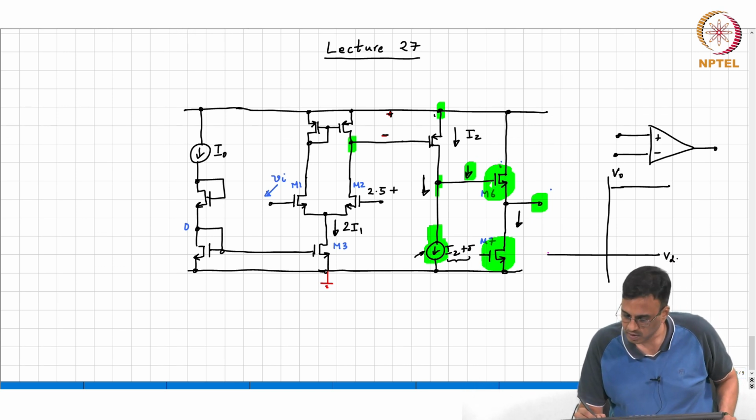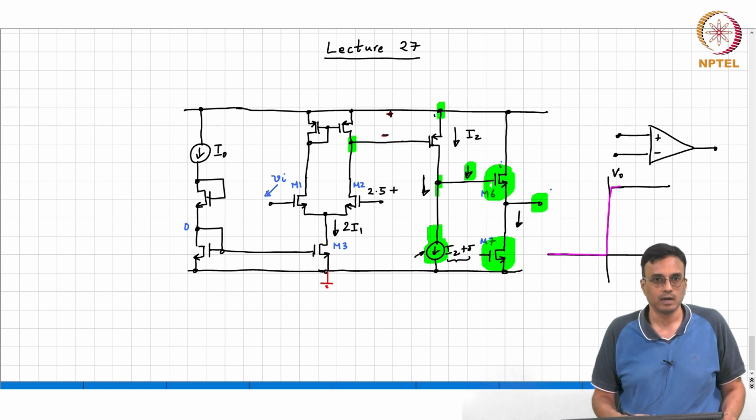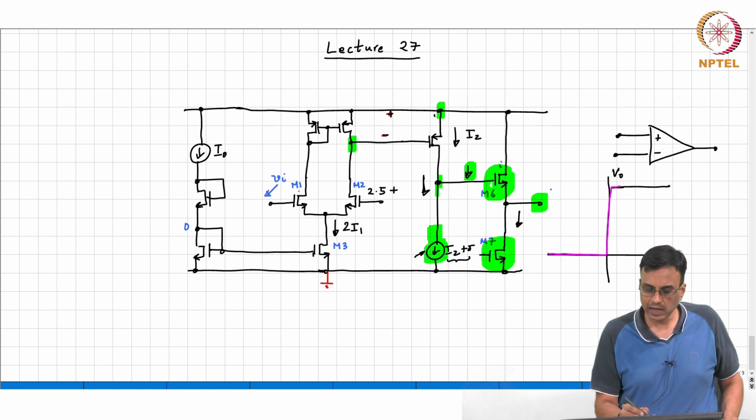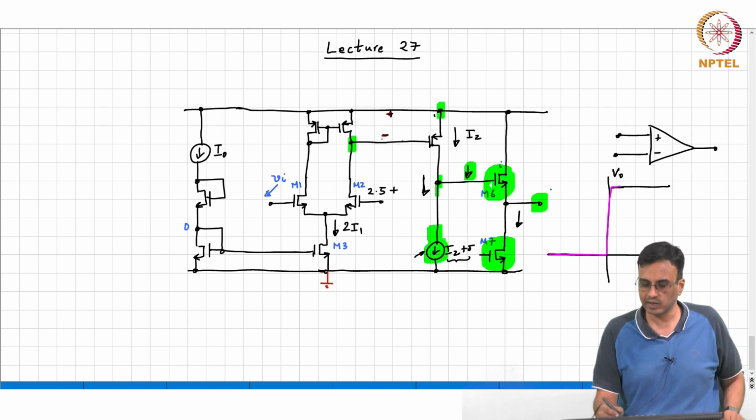So the output will look something like this. When VD is approximately 0, you will have a huge gain, and then it goes like that. When VD is infinitesimally greater than 0, what happens? The input differential pair steers more current one way and less current the other, correct?